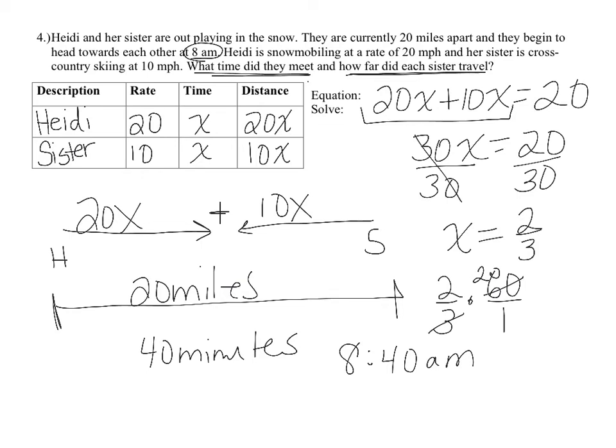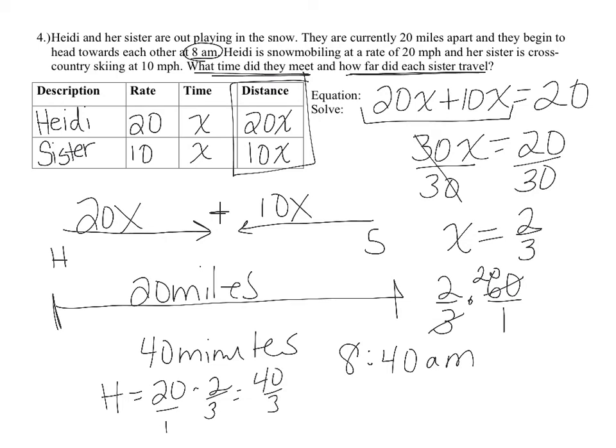Well, the distances are here, right? So Heidi traveled 20 times 2/3. So 20 times 2/3 gives you 40/3.